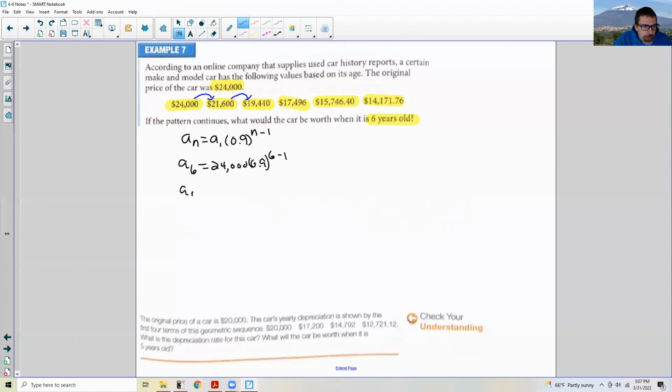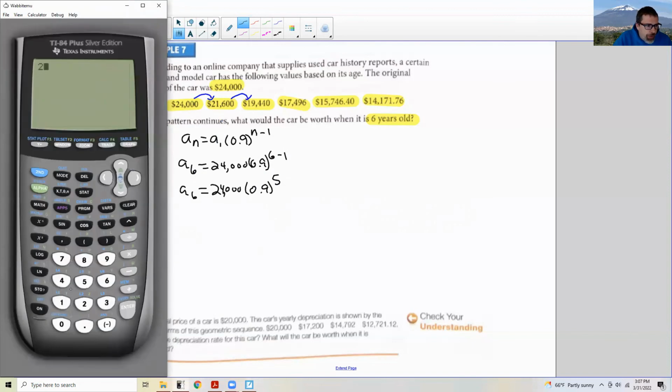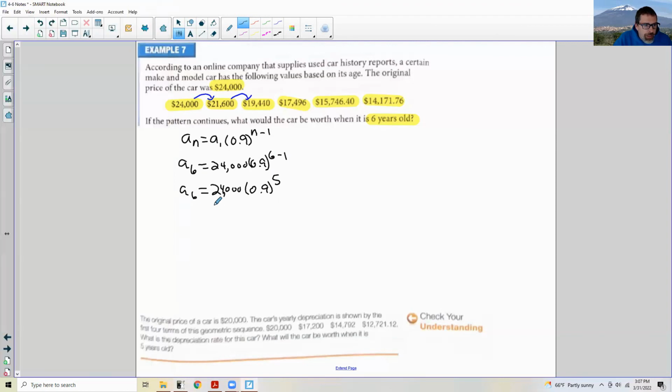So a sub 6 is going to equal 24,000 times 0.9 to the 5th power. If I do that, I get 24,000 times parentheses 0.9 to the power of 5. And the answer is 14,171.76.